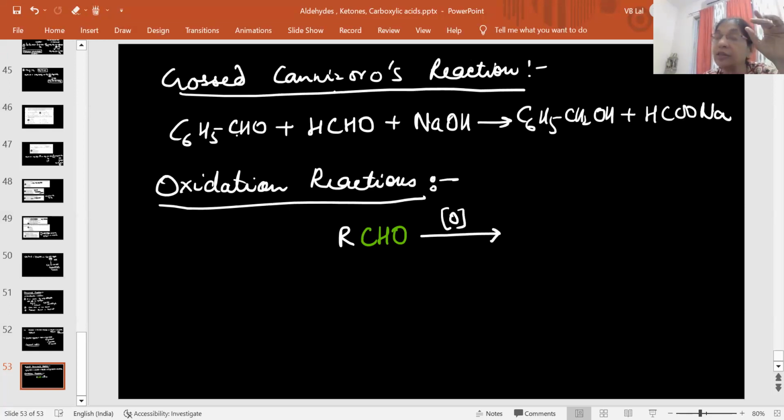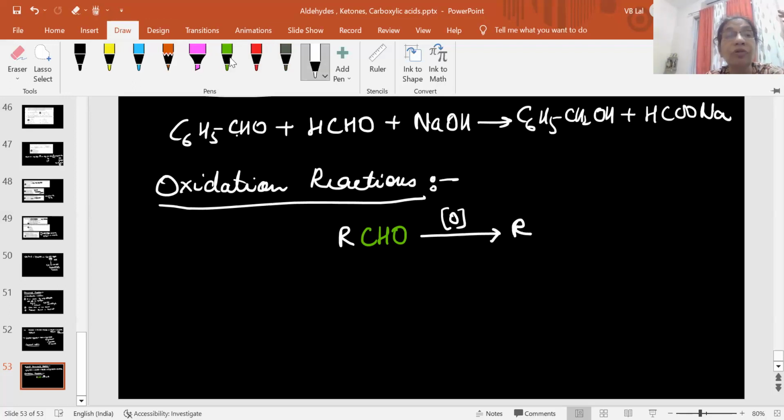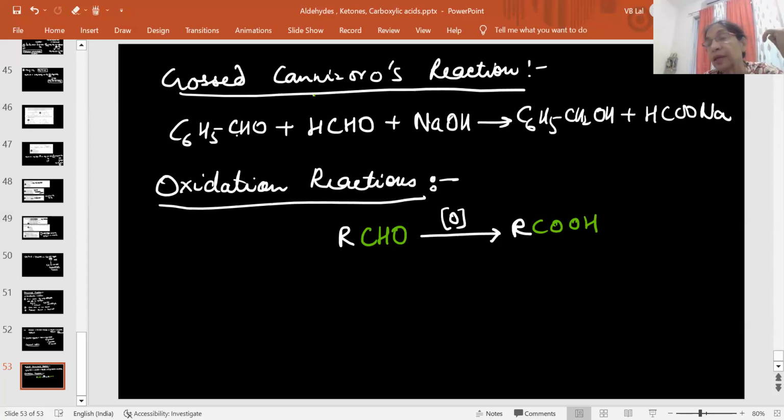Aldehydes are in the middle. So R will remain as it is, and what will happen to CHO? It will become COOH. It will become an acid with the same number of carbon atoms.